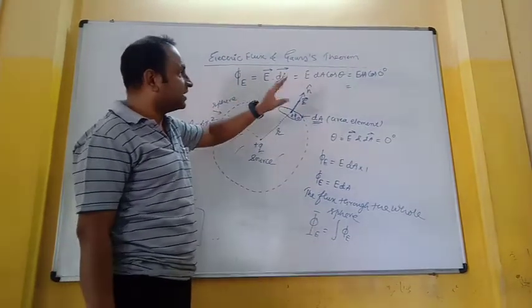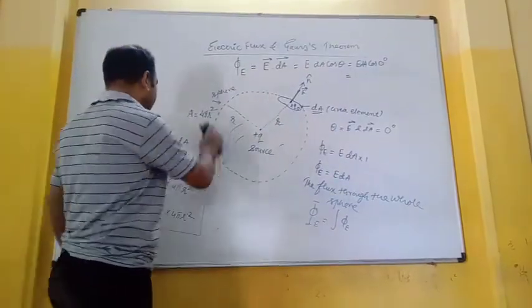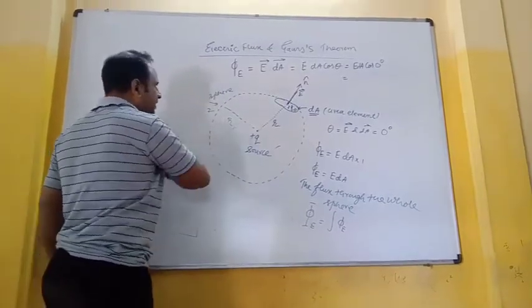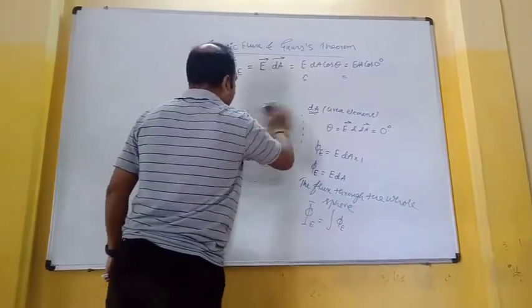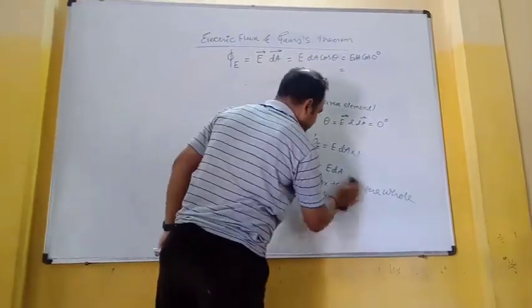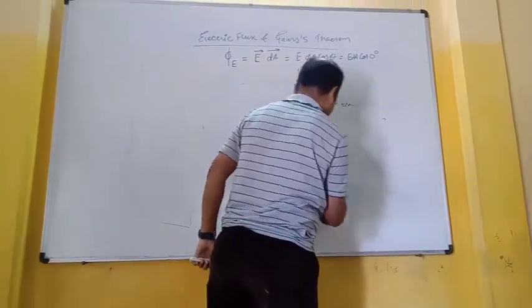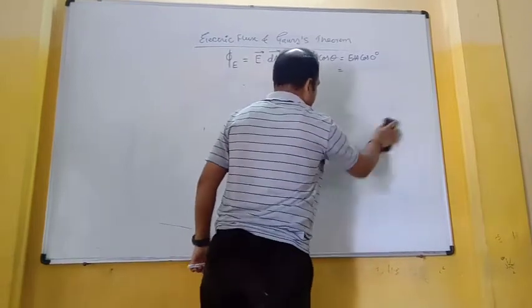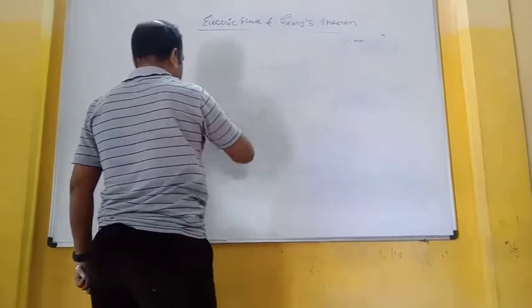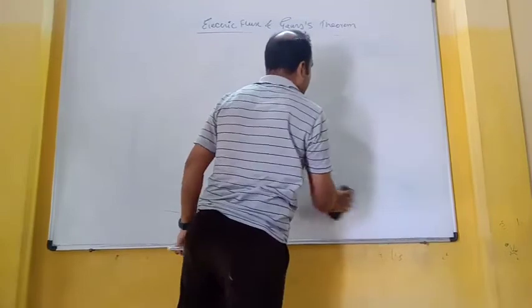When theta is equal to 0 degree, the flux passing through a given surface is maximum, and when theta is 90 degree, that is when the area vector and the electric field vector are perpendicular to each other, there is no electric flux passing through that. So the flux would be equal to 0. Now, having a little understanding of this electric flux, let us now come to what is called Gauss's theorem, or it is also called Gauss's law.